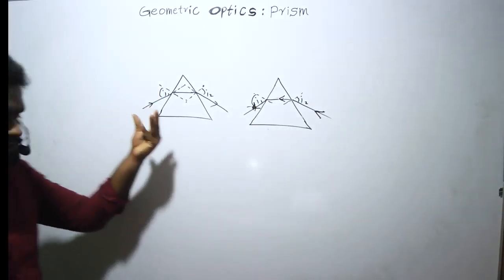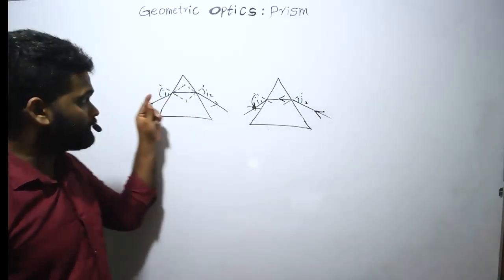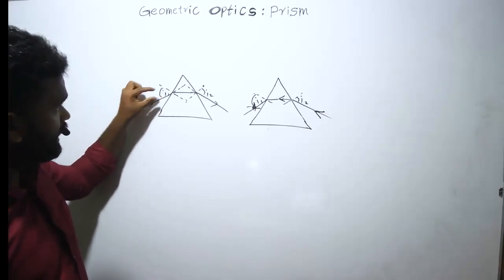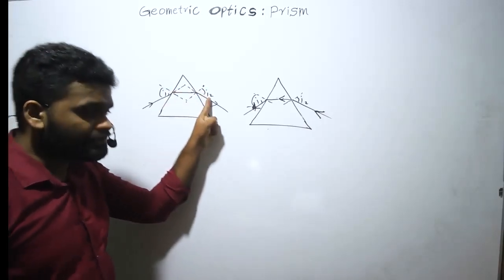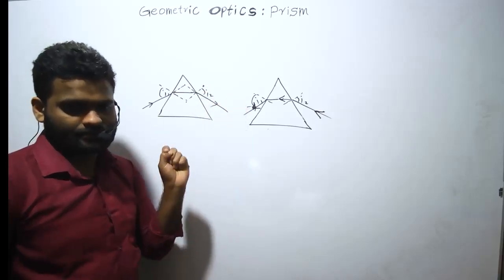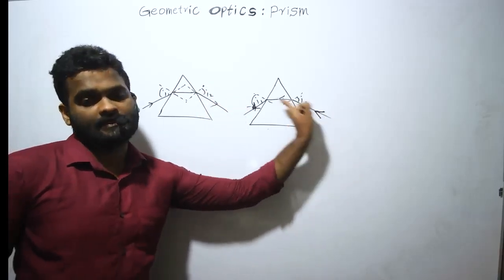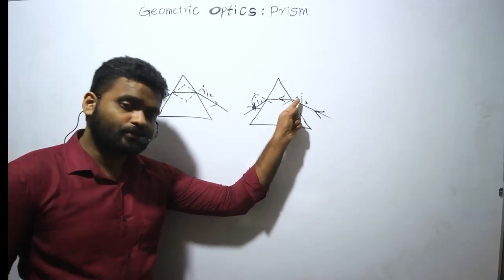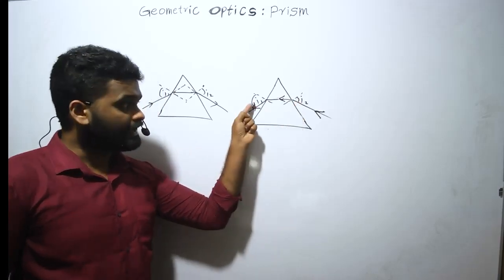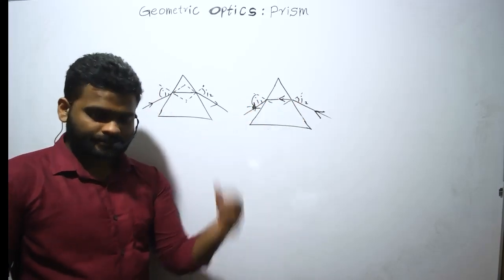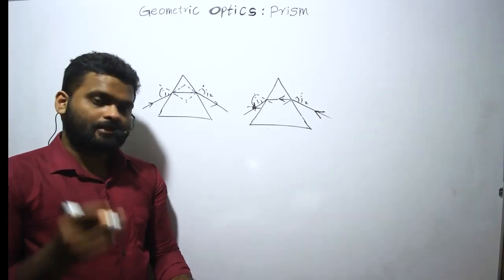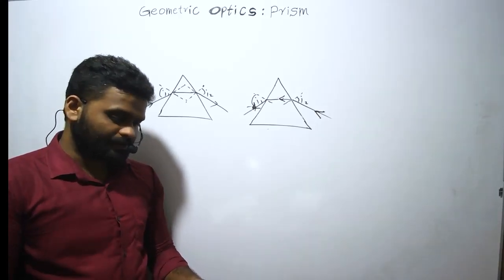So if I1 is the incident angle, I2 is the emergent angle. If you send the ray the other way, I2 becomes the incident angle, and in that case I1 becomes the emergent angle. They have asked many questions from this.